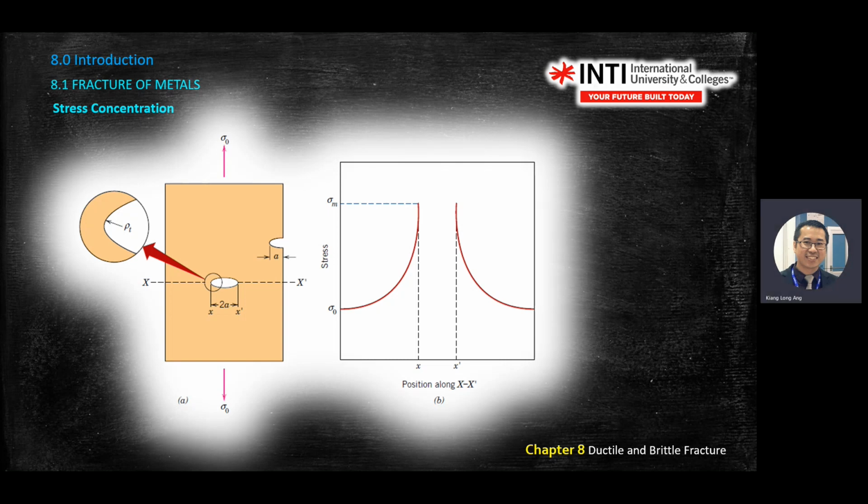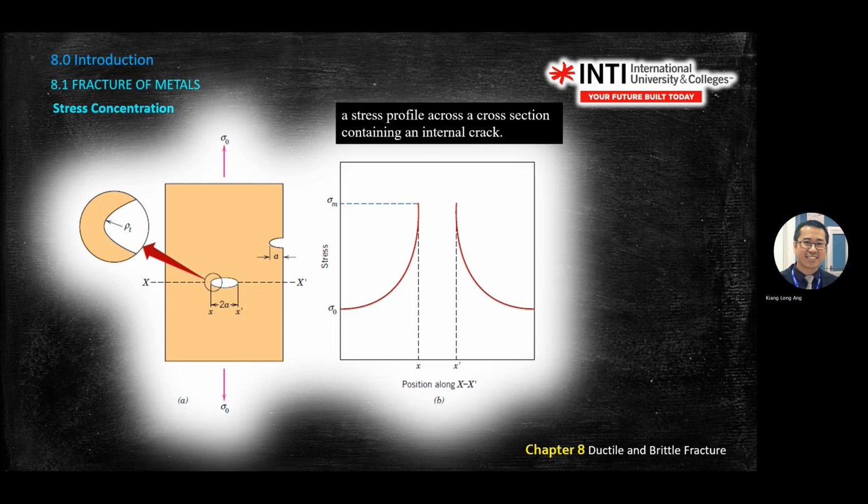The higher stress will be at the opening of the defect. At the edge of the opening here, the stress is very high. And at the perfect surface, the stress is still there, but very low compared to the area of the defect. This is called the stress profile for an internal crack.